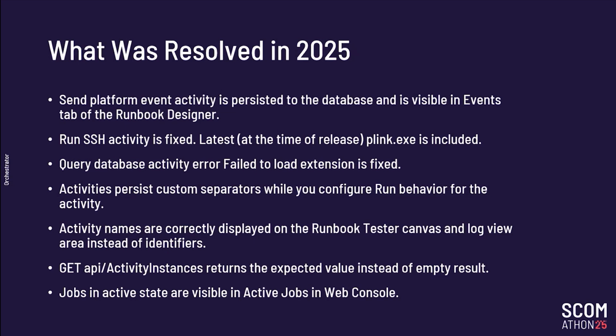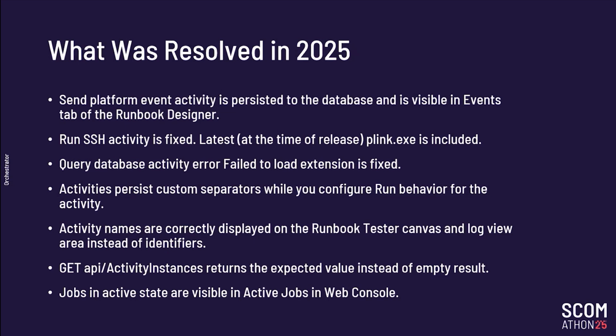They've resolved issues with the secure SSH if you want to connect to Linux, Unix, or any mainframe systems, and most of the storage and backup platforms that you could orchestrate from within Orchestrator using SSH. So that's now been updated, and it's got the latest version of PuTTY Plink as of November 2025 when it was packaged.